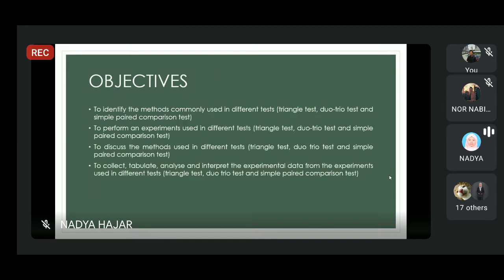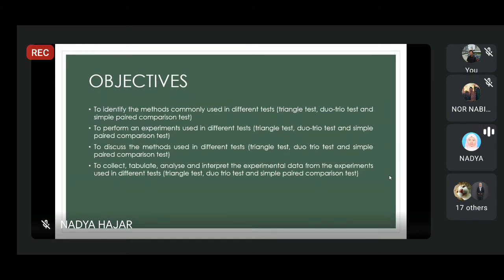So these are the objectives of this practical. You must know how to differentiate or identify the method commonly used in the different tests. Method different test ni you kena tahu juga dan you kena pilih yang mana sesuai untuk FYP nanti. And next, to perform an experiment used in different tests.